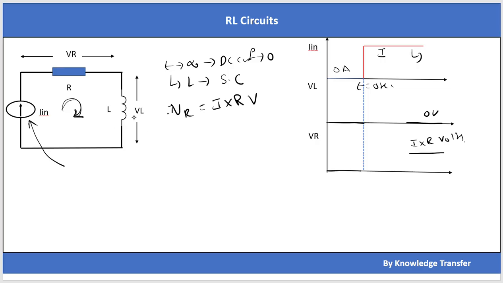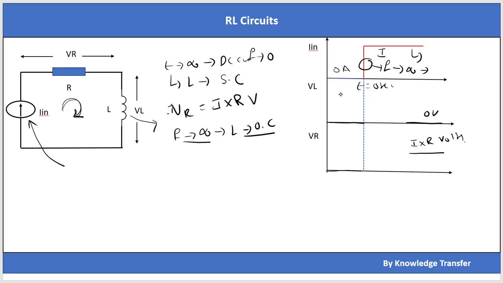But we know the property of the inductor. This is a high frequency component, because the current is going from 0 ampere to I, so frequency is infinity. For frequency tends to infinity, the inductor acts as an open circuit. So we have a contradiction here. Why?